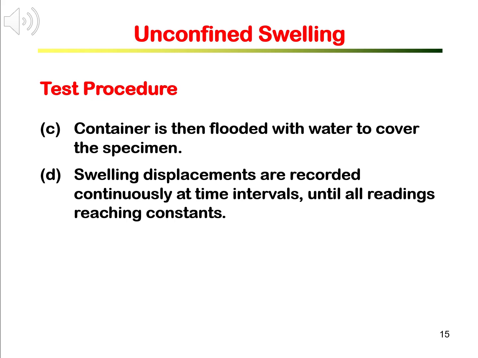Always take the reading on the dial gauges or LVDTs before watering, and then after watering, take readings regularly and continuously at time intervals and record them. They are the swelling deformations. Stop the test when all readings reach constants.